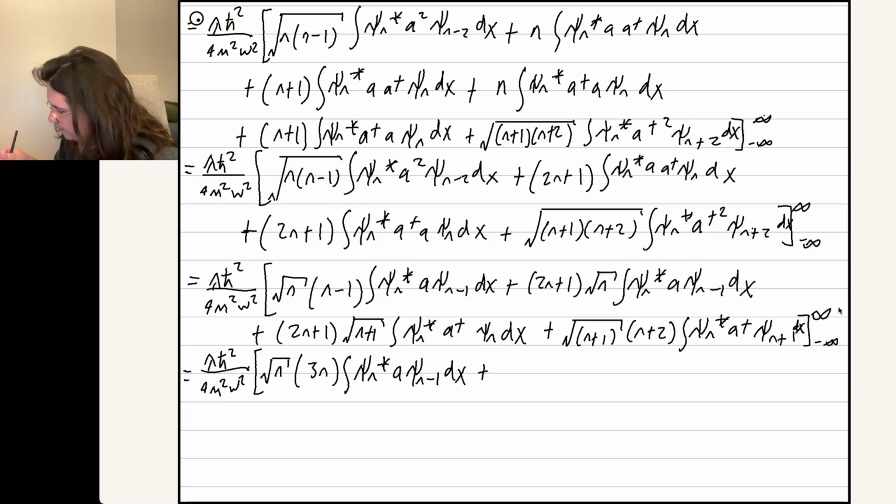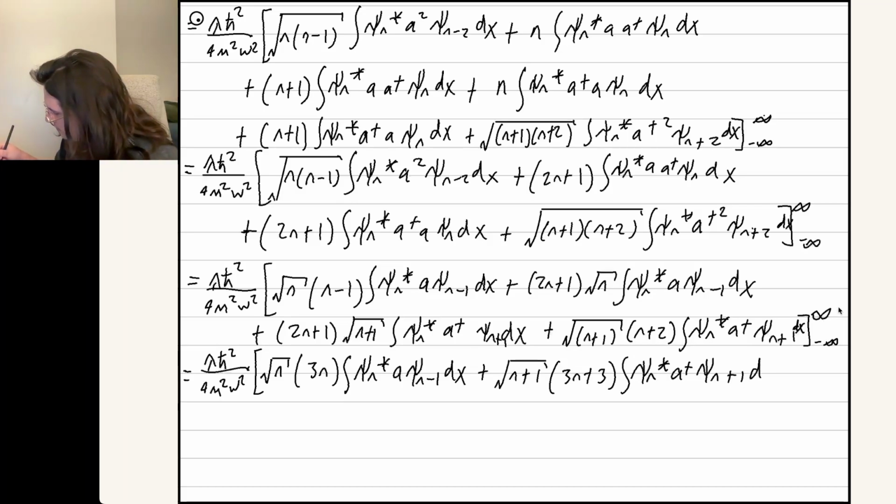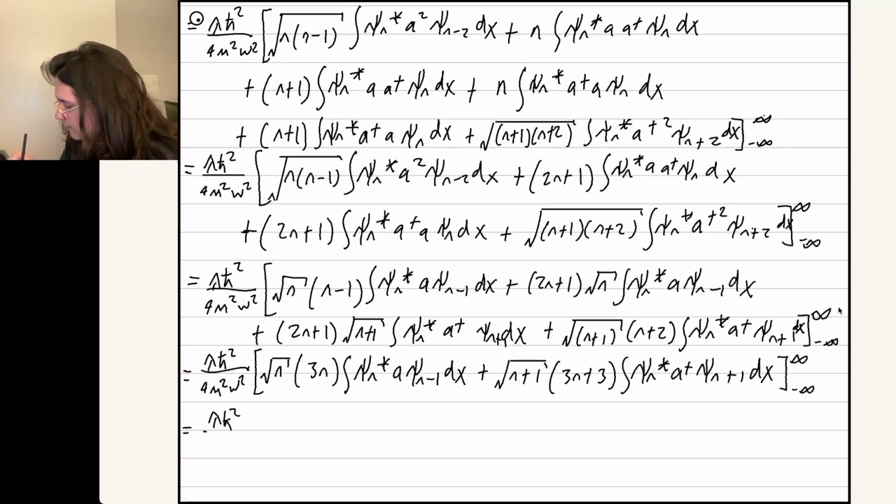And then another couple of factors which both depend on root n plus 1, which add up like 3n plus 3. Integral psi n star a dagger psi n plus 1, it's supposed to be plus 1 there, dx from minus infinity to infinity. So finally, we can do our last round of operations.